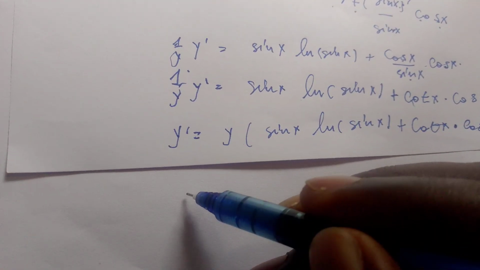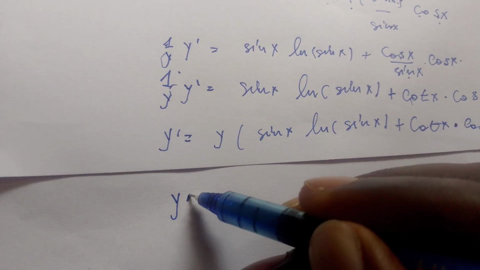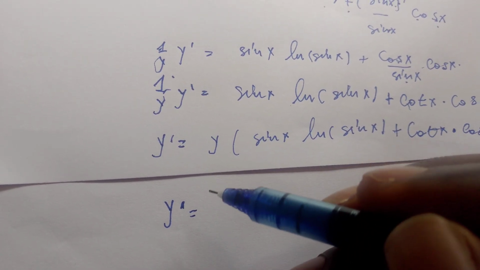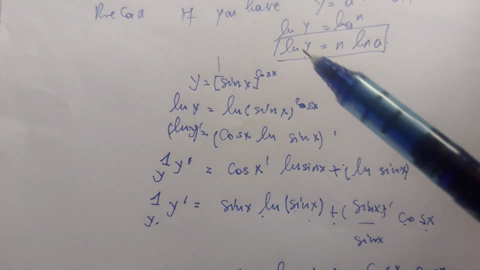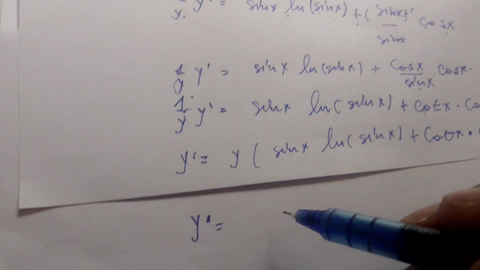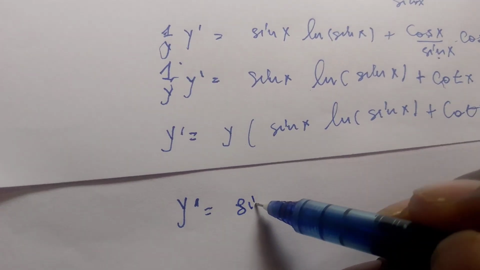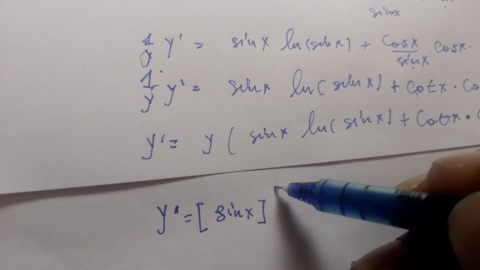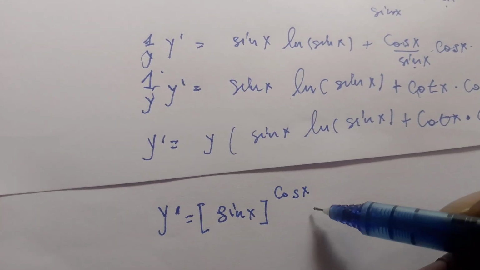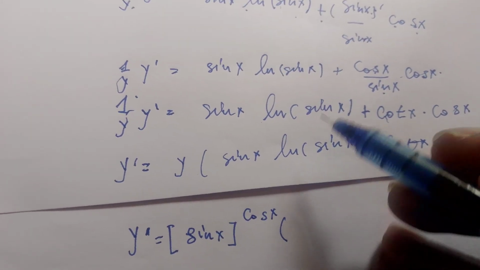The final answer, y derivative is equal to y, according to our previous question, this is the value of y, sine x to the power cosine x.